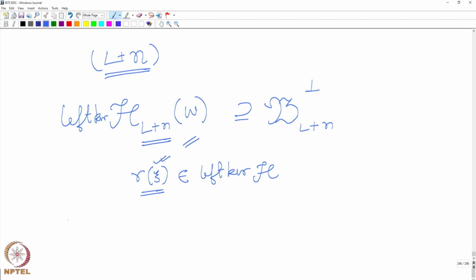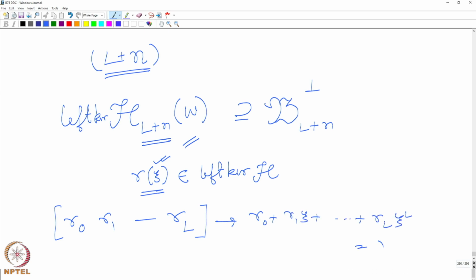If you are feeling flustered, just remember that if you have the row vector r0, r1, up to rL, it is identified with the polynomial r0 plus r1 xi plus up to rL xi to the L, and we call this R xi. This identification is one to one, so I can say things like this.